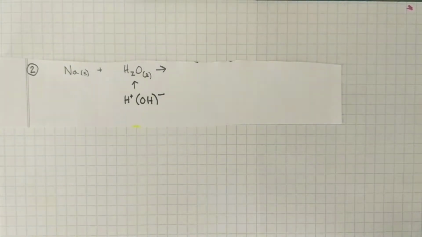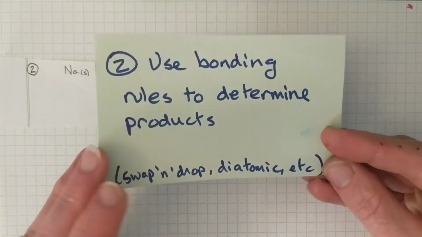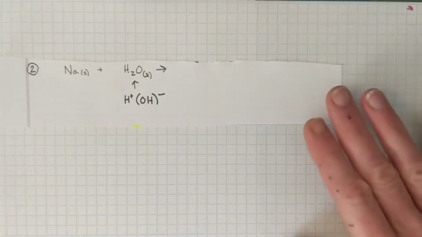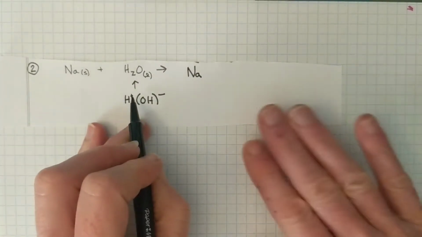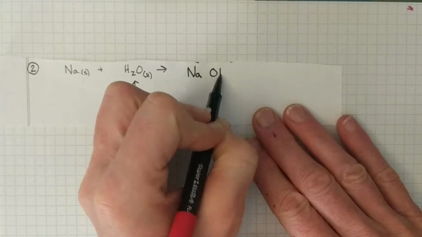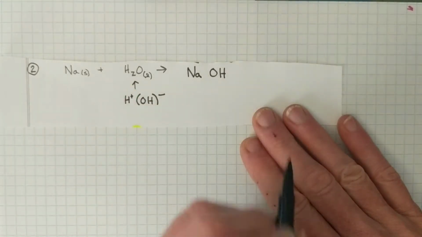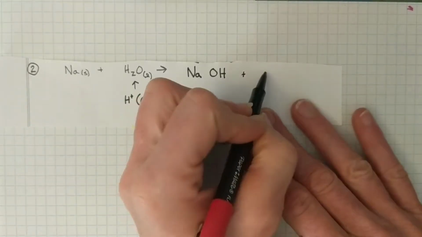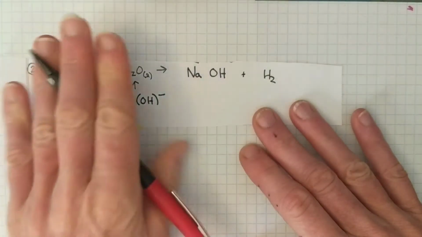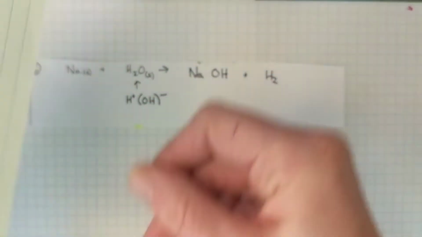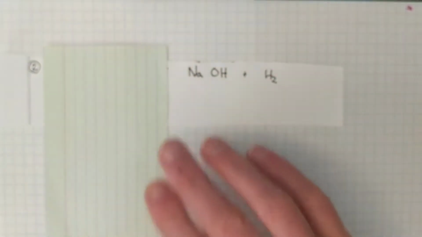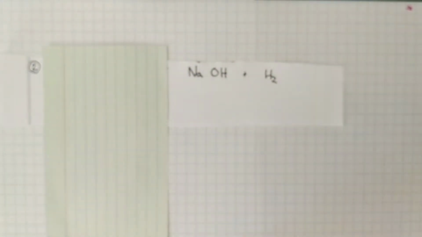So let's take a look at how that's going to look. Once we've done that, we are going to use the bonding rules to determine the products. So we have the sodium, and that's going to combine with our hydroxide, and we will have hydrogen as the lone element. So you don't look at this at all when we are deciding. We'll cover that up because those subscripts do not transfer over.